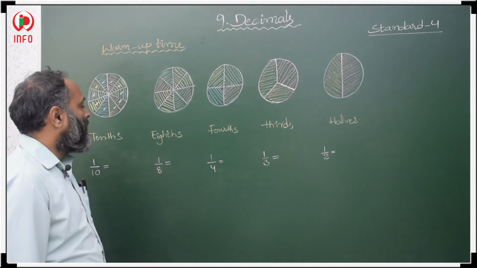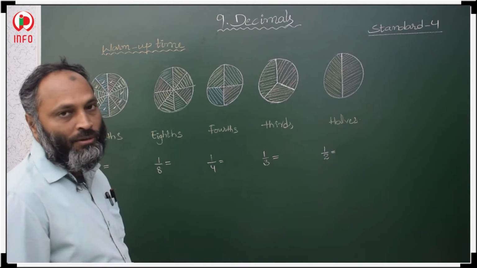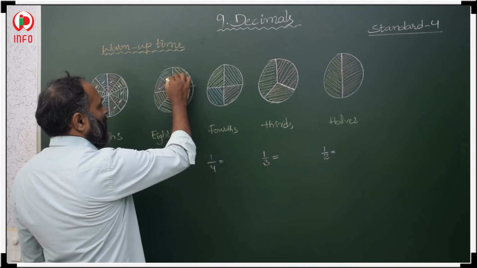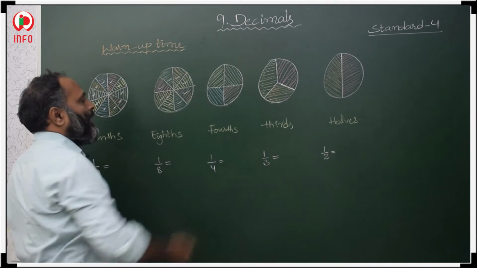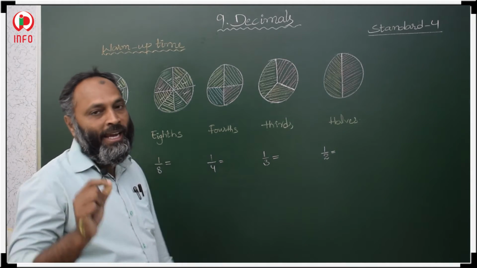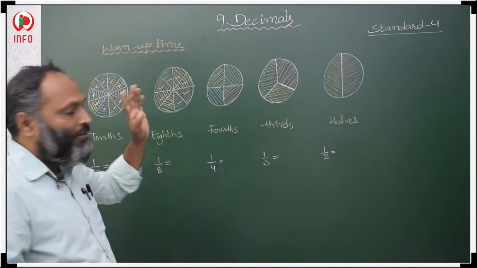In the second circle, we divided the circle into 8 equal parts: 1, 2, 3, 4, 5, 6, 7, 8. Then this is eighths. How to read? Eighths. Why? Because we are dividing into 8 equal parts.